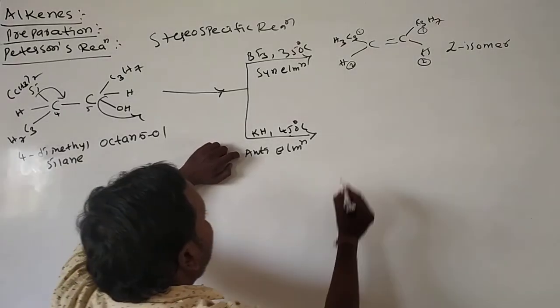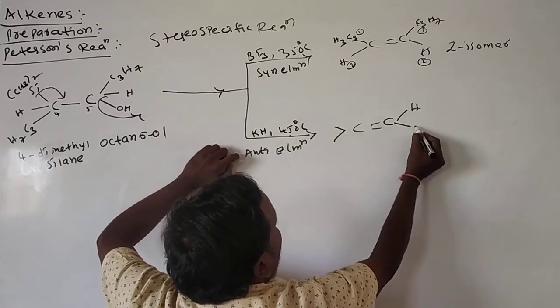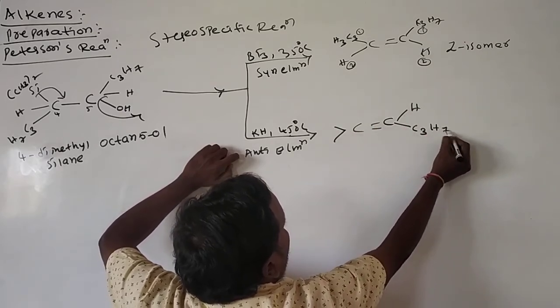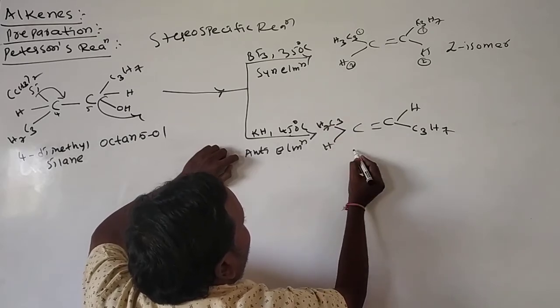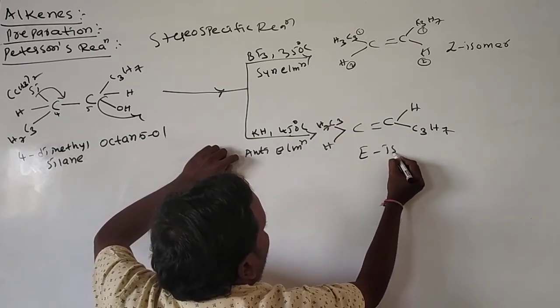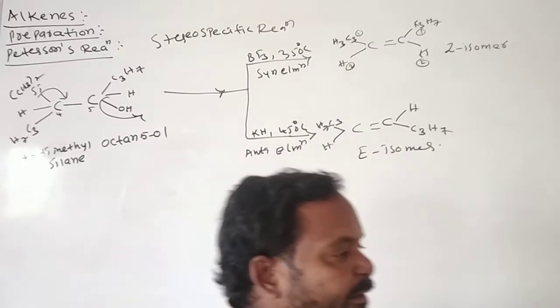By anti-elimination, from the same compound, we get a different molecule, C3H7, C3H7, H. This is what we call the E isomer.